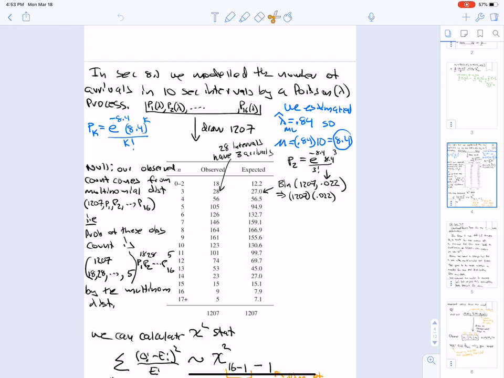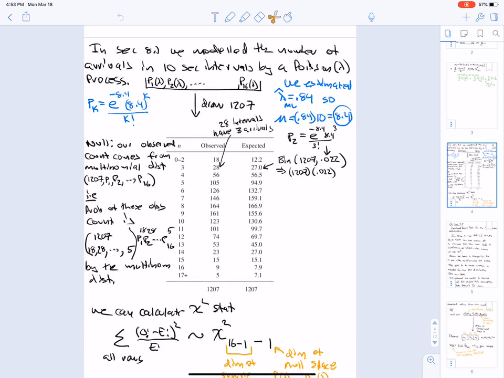So to find the expected counts, it would be np, where p is 0.022. And so the probability that you get these x1 to x16 observed counts is given by the multinomial distribution.